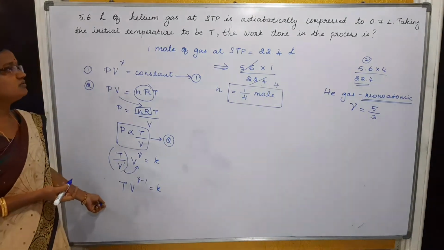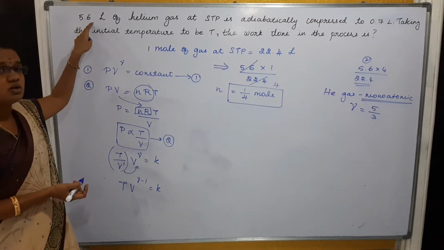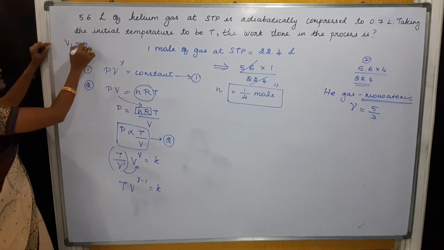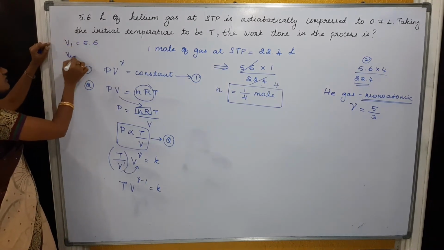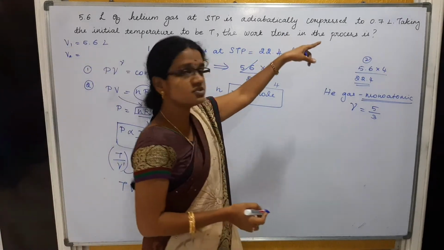Since we are relating the two volumes, we are converting the initial volume V1, which is 5.6 liters, to V2, which is the volume after compression, 0.7 liters.